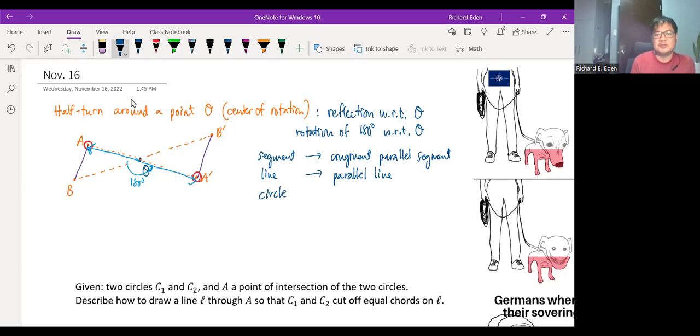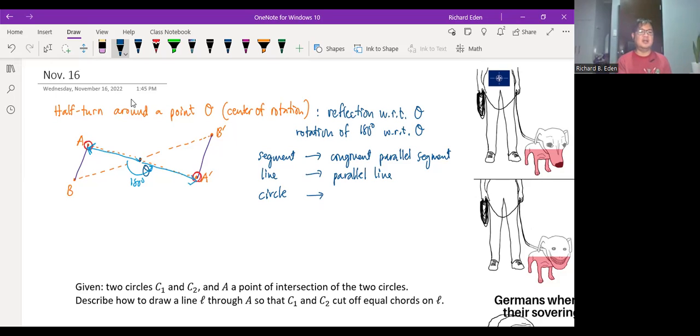When you do a half turn, what's going to happen? What's the image of the circle going to be? It's going to be another circle that has the same radius as the previous one. Well, the position will depend on where the center is.